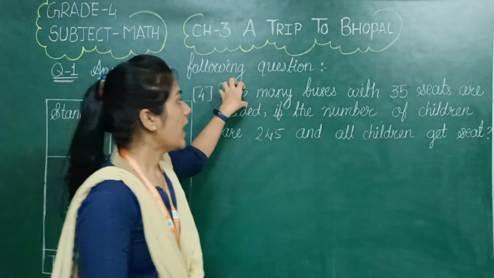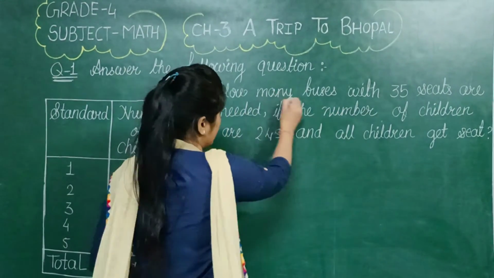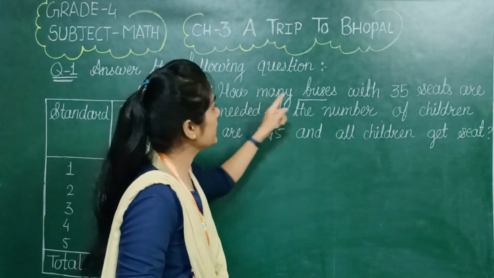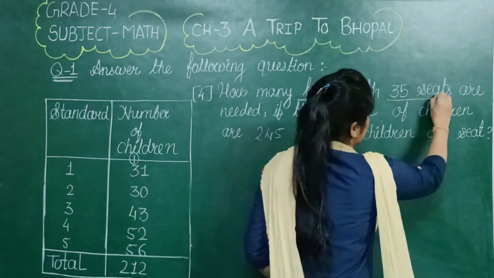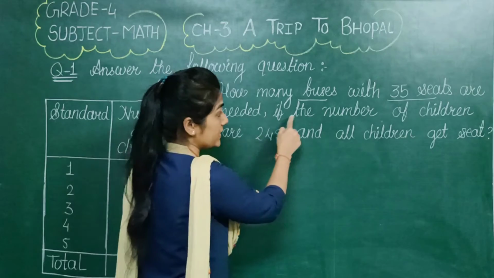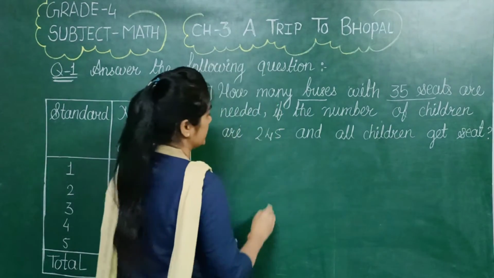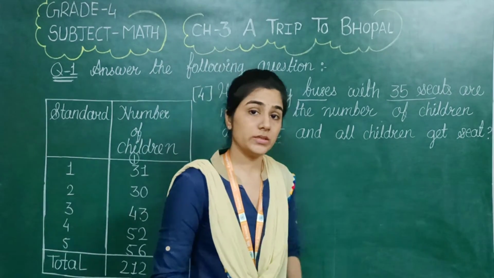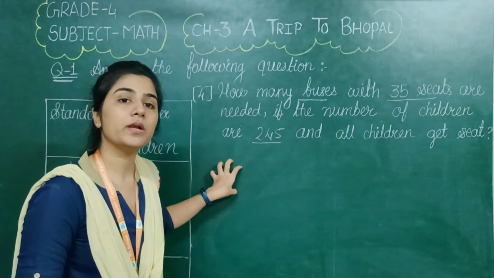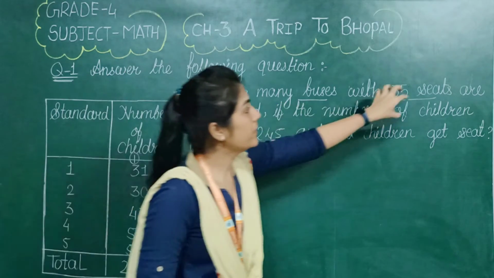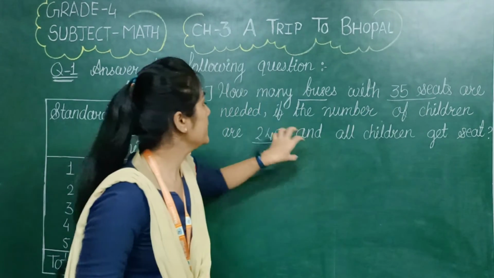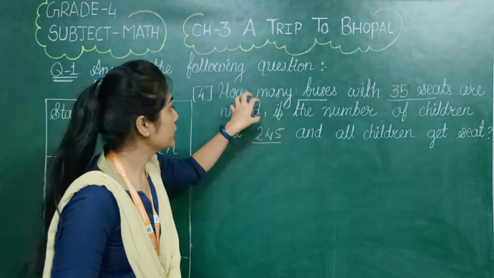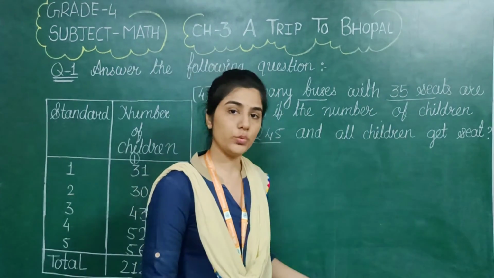Question number 4. How many buses with 35 seats are needed if the number of children is 245 and all children get seats? That means we have to find the number of buses in this question. We have the number of seats and the number of children. What we don't have is the number of buses, which we need to find.